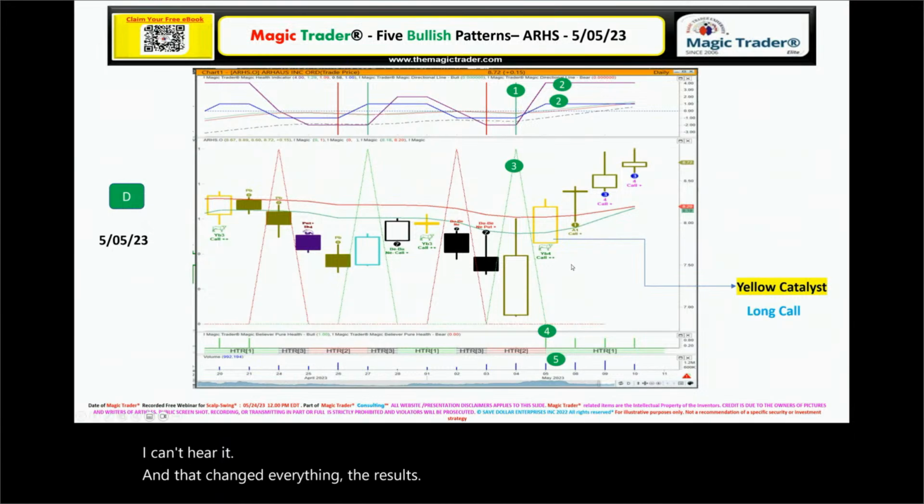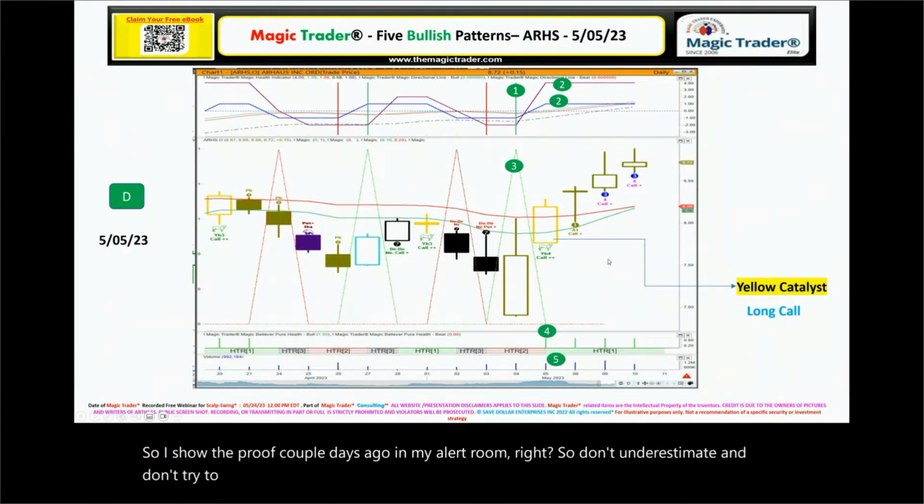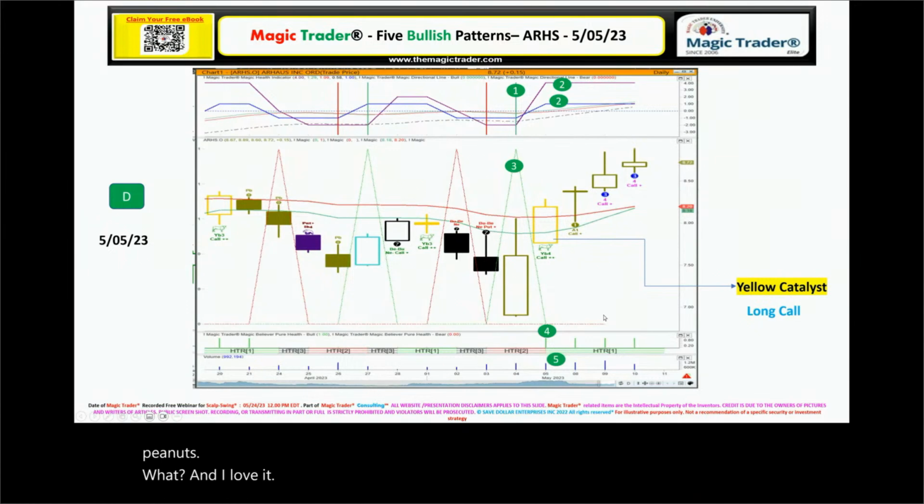So I showed the proof a couple of days ago in my alert room, right? So don't underestimate it and don't try to ignore it, right? It's a priceless gift. After spending $1 billion, they give it to you for peanuts, right? And I love it. You've got to get good at that. There's so much information there, it's unbelievable.